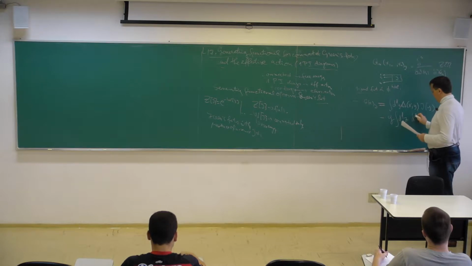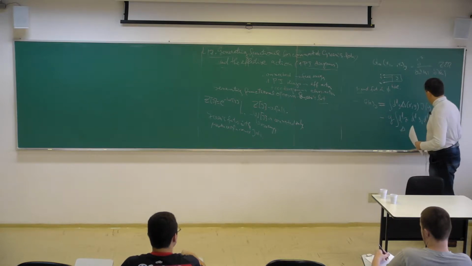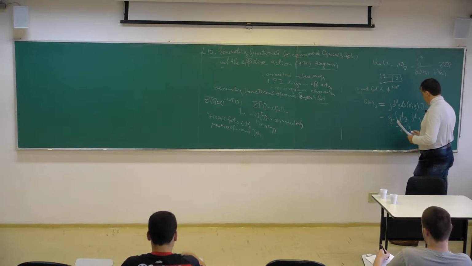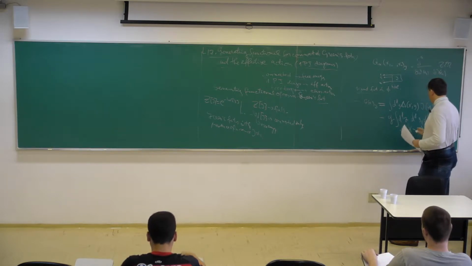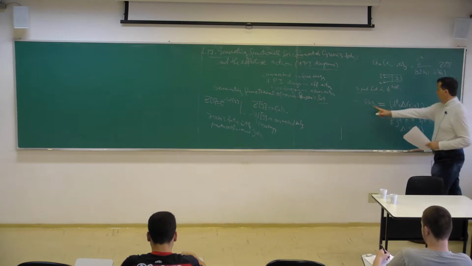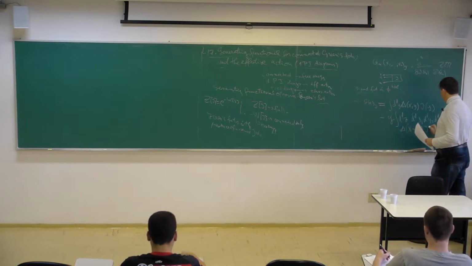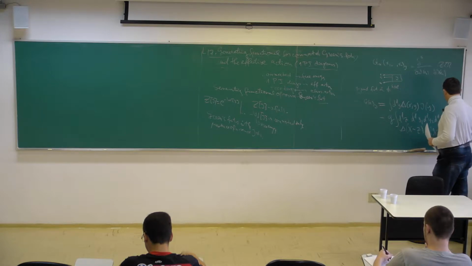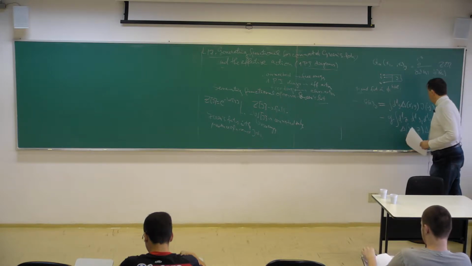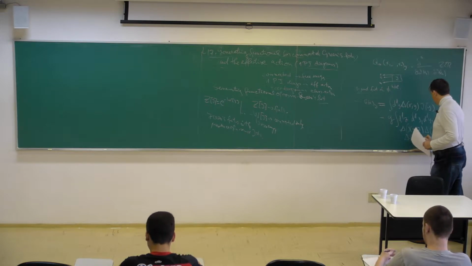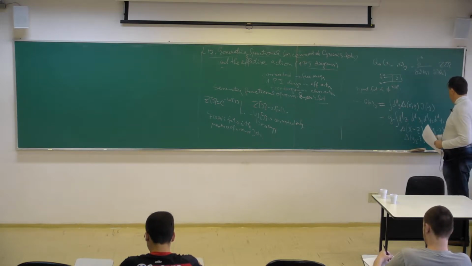So d^4 y1, d^4 y2, d^4 y3, and then delta of x minus z, x being the index here. Then delta of y1 minus z, delta of y2 minus z, delta of y3 minus z, and then J is corresponding to these y1, y2, y3, right?